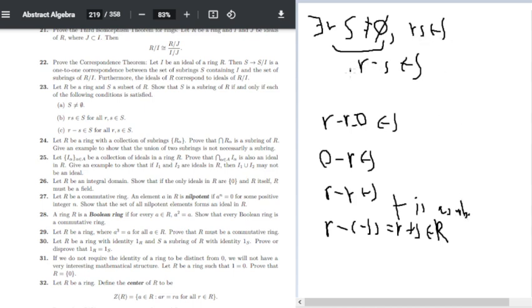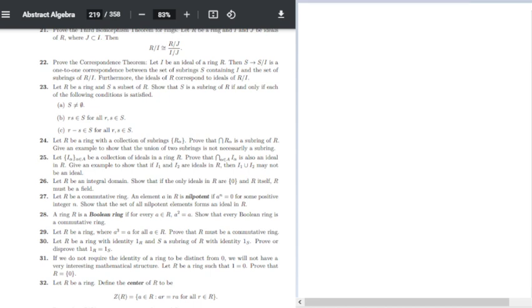And then this just ensures that it's closed under multiplication. And then the other multiplication rules are inherited from the base ring, so yeah, that's really it.